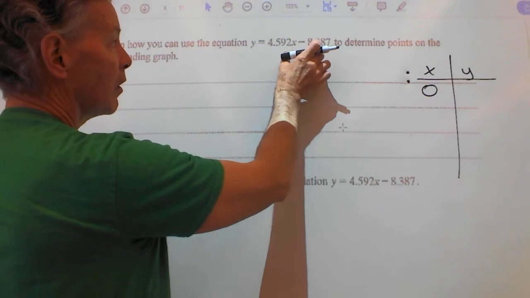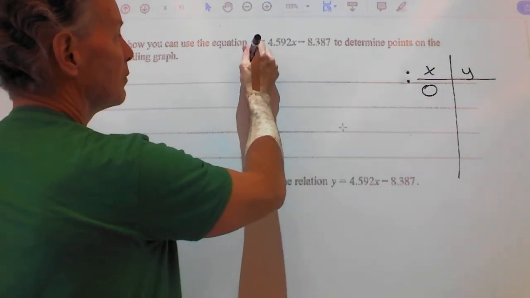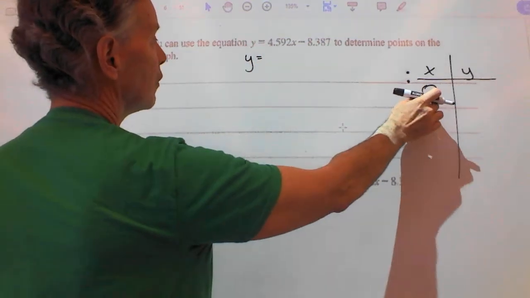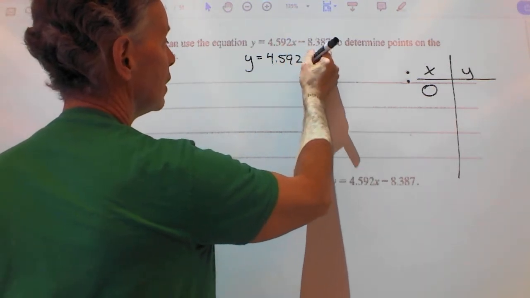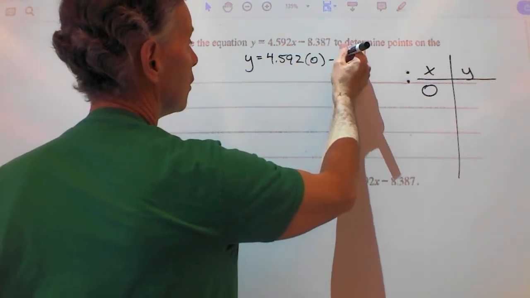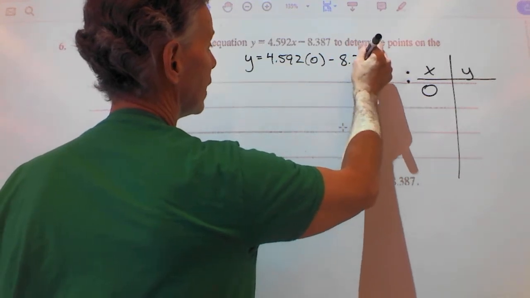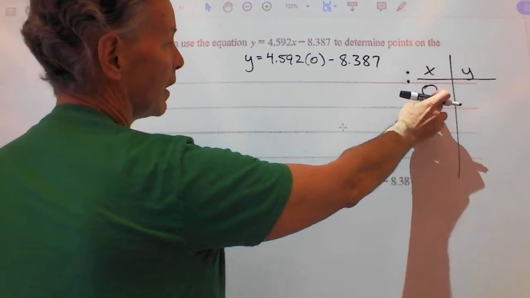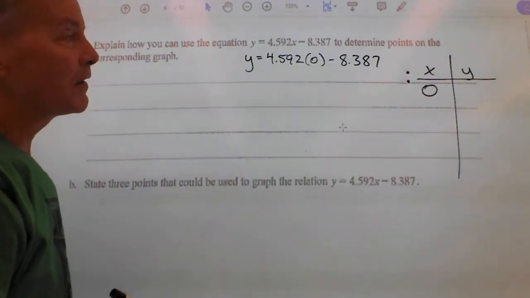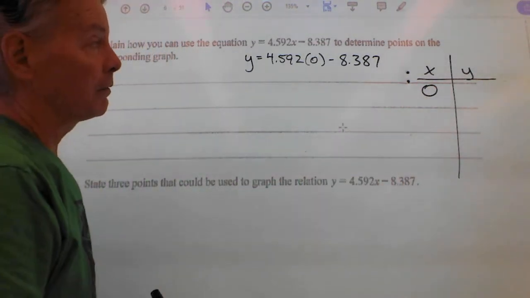Well, we just take our equation, we substitute a value of 0 for x, so it becomes 4.592 times 0 minus 8.387. Now, the reason I said use 0 is because that makes your life a whole lot easier, right?